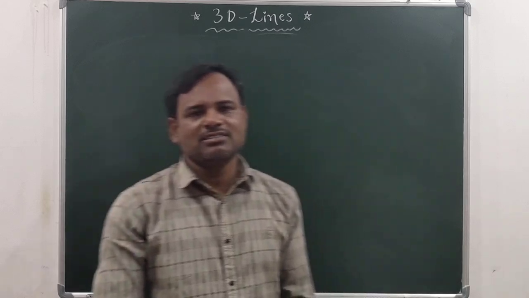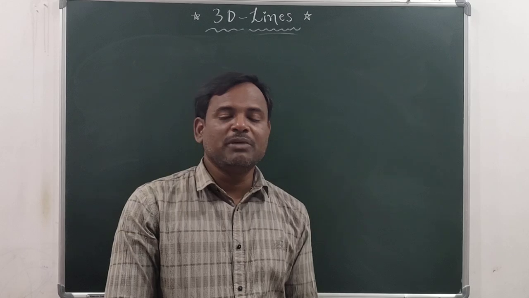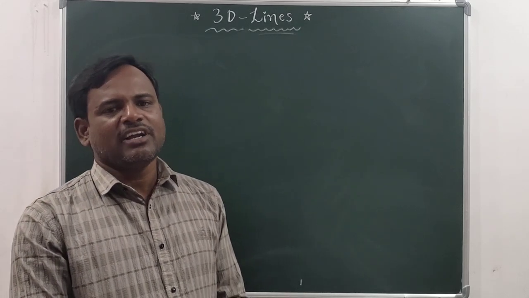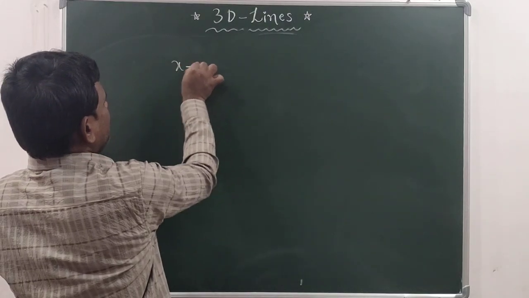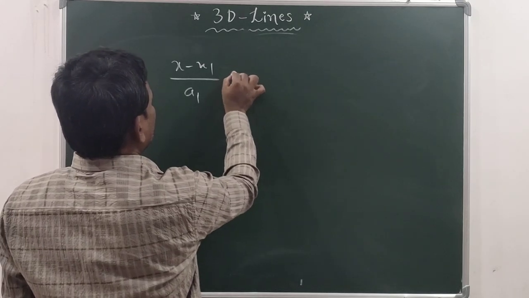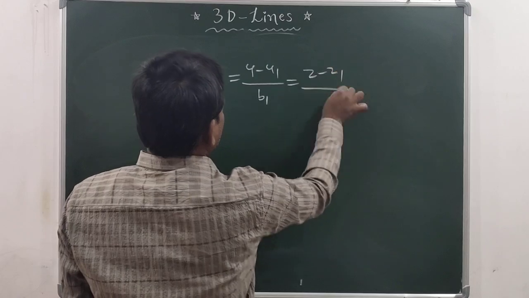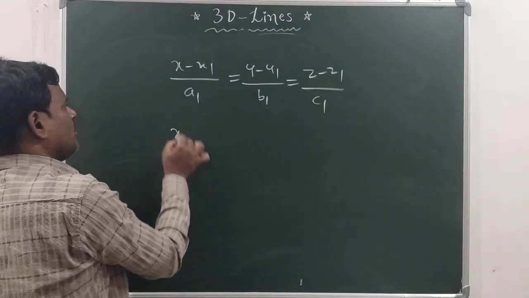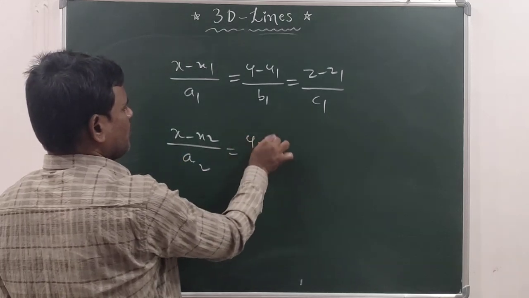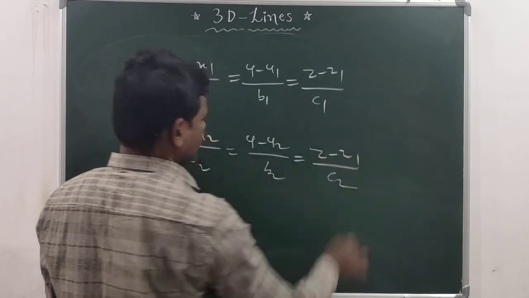Next, two skew lines are given. Those may be given in symmetrical form or they may give you in vector form. Suppose here x minus x1 by a1, y minus y1 by b1, z minus z1 by c1, and x minus x2 by a2, y minus y2 by b2, z minus z2 by c2.